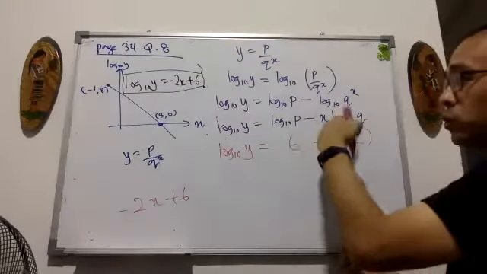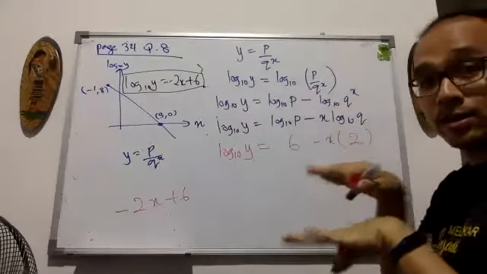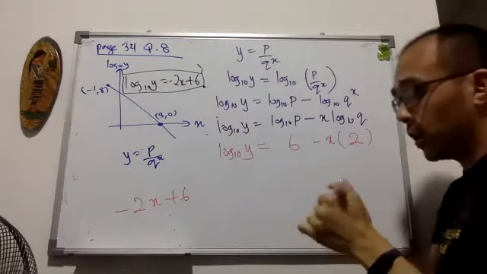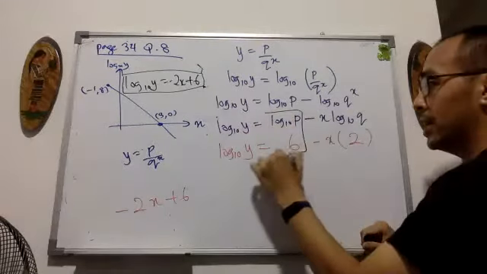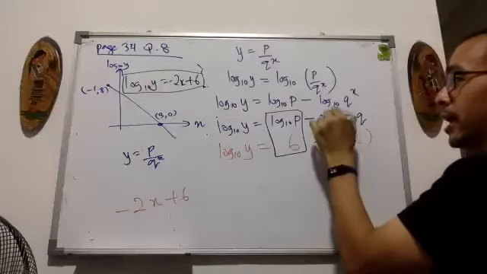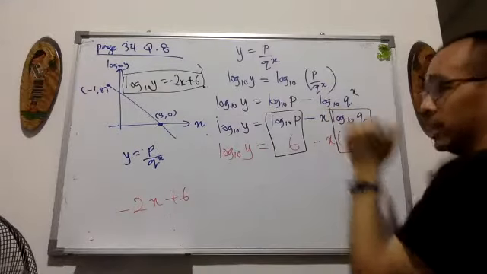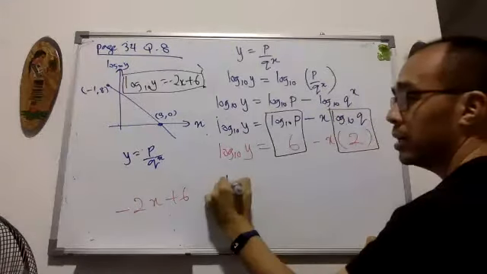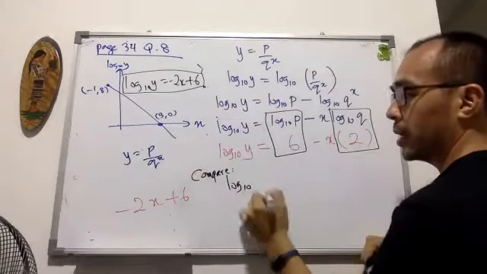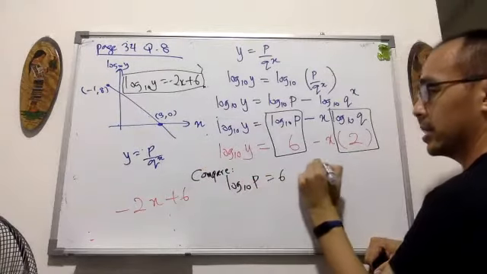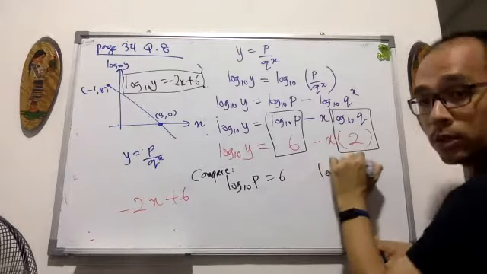Because when we do a side-by-side comparison, this is what we will get. So what we can conclude now is that log p must be equal to 6 and log q must be equal to 2. So when we compare, we get log p equals 6 and log q equals 2.